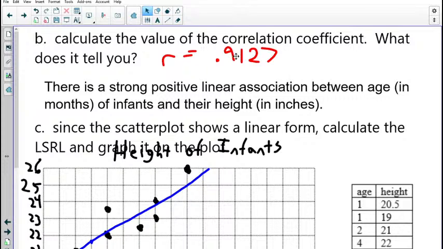R is 0.9127. And R being 0.9127 tells me that there's a strong positive, because R is positive, linear association between age of infants and their height.